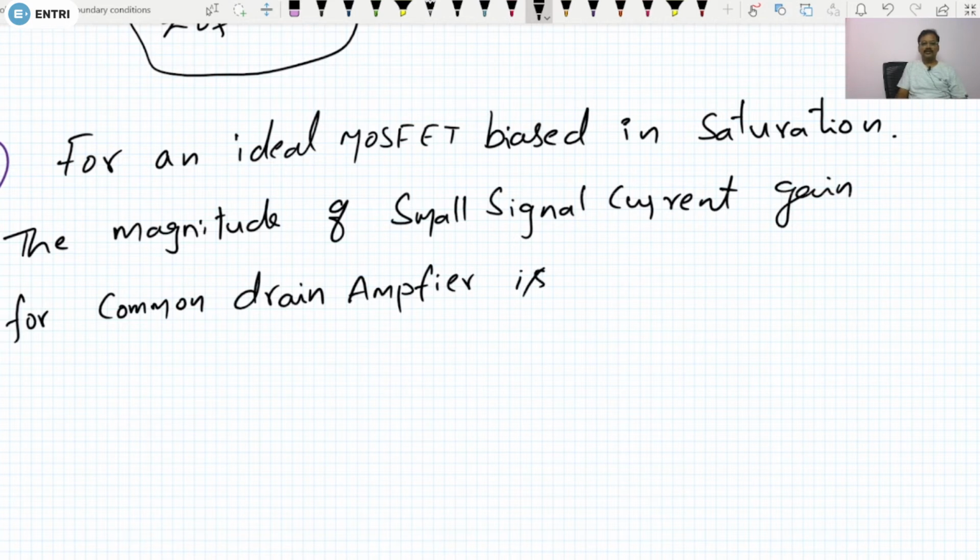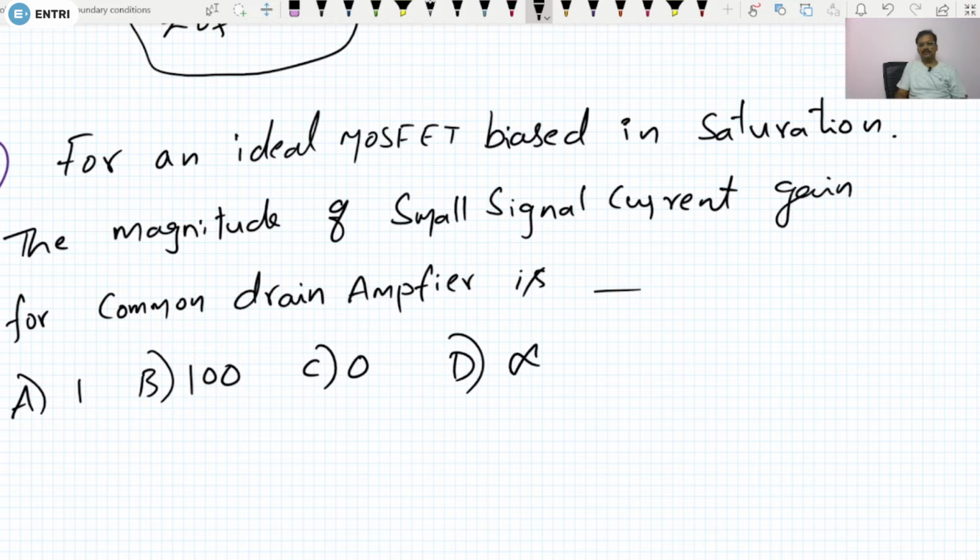So it is a direct and simple question here. Option A they have given 1, option B 100, option C 0, option D infinity.